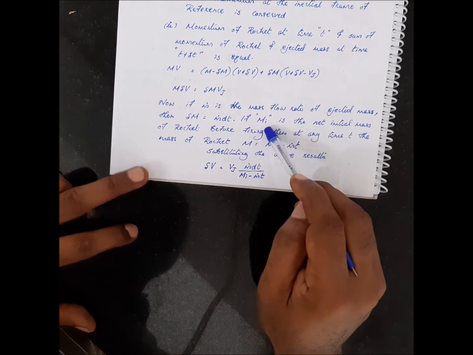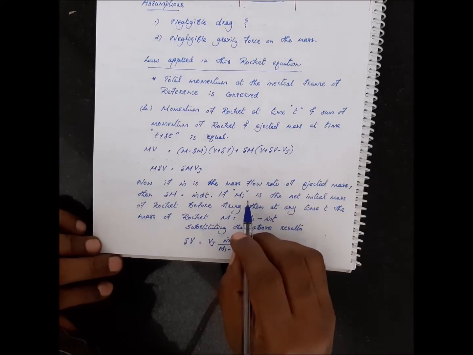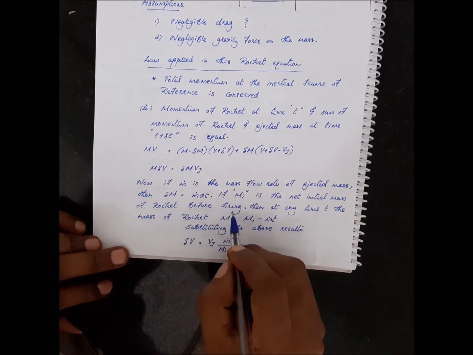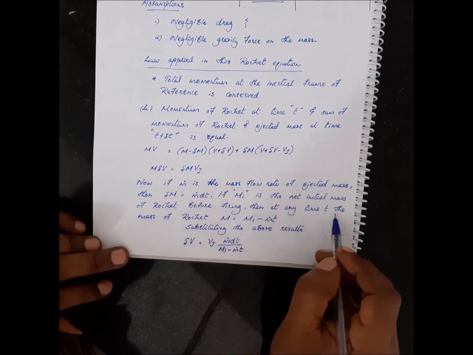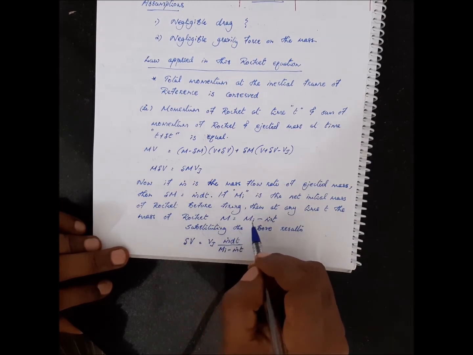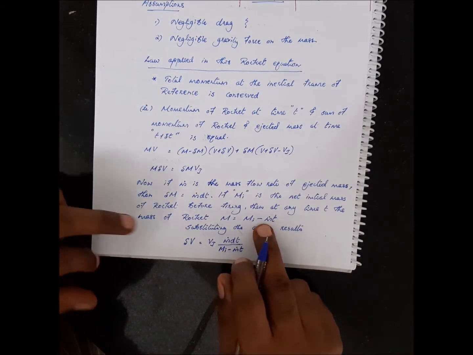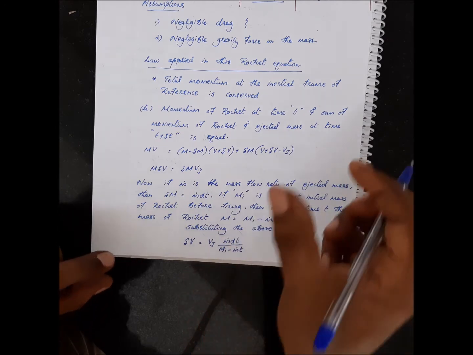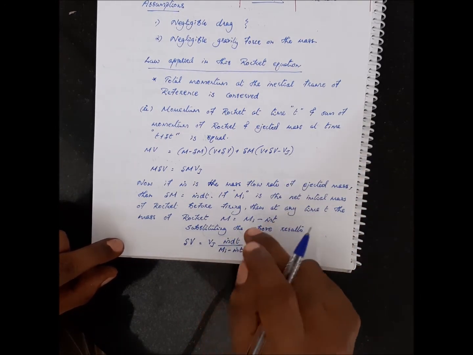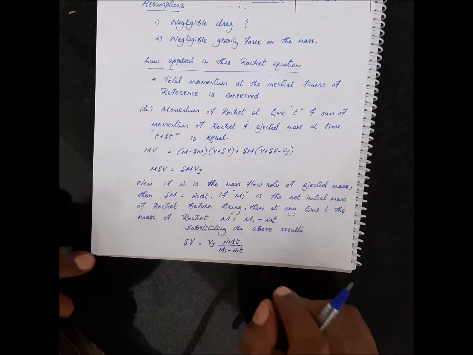And we are introducing another term, mi, the initial mass, which is the net initial mass of the rocket before firing. At any time t, the mass of the rocket is m equal to the initial mass minus the amount of mass ejected, that is m dot t. So for any time instant t, the ejected mass is m dot into t, and the initial mass minus the ejected mass gives you the mass of the rocket at this time instant t.